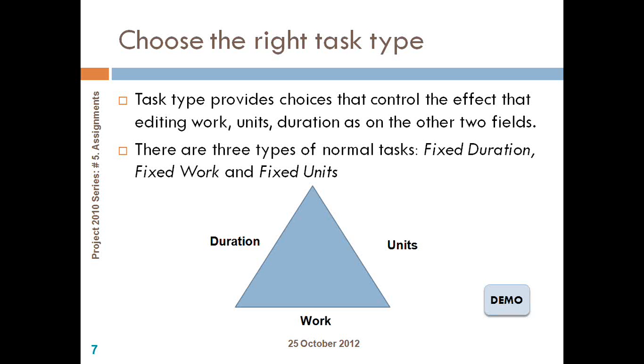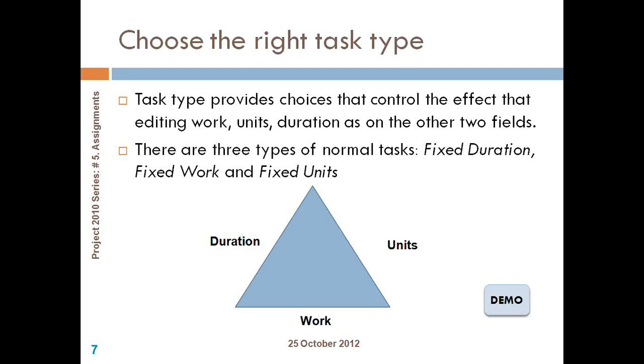I want you to visualize these 3 variables as the 3 sides of an equilateral triangle: duration, work, and units. Whenever you are doing an estimation as part of scheduling, you might have different scenarios. There are certain types of activities where you do a duration-based estimate, and certain activities where you do an effort-based estimate.